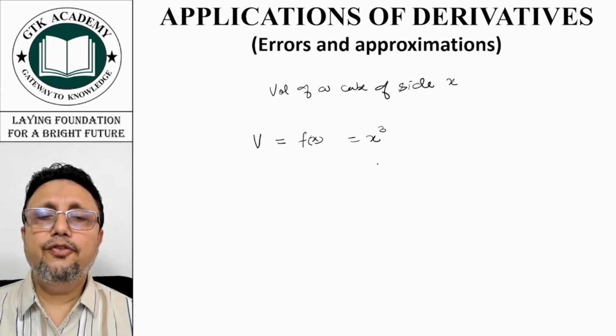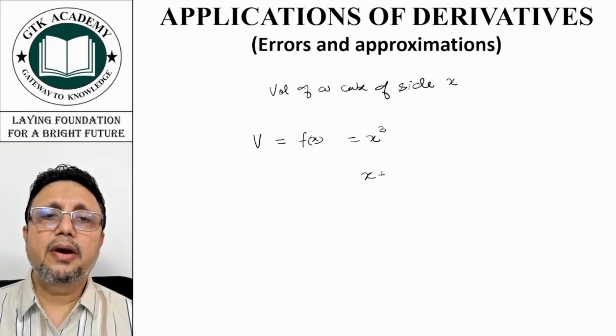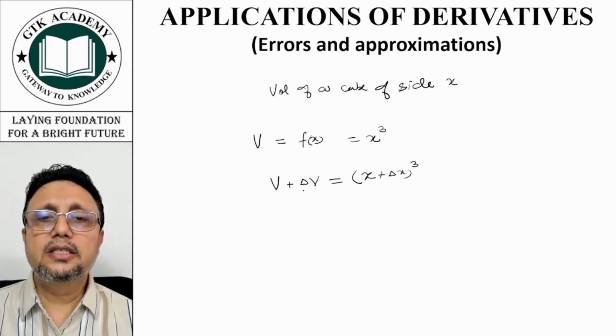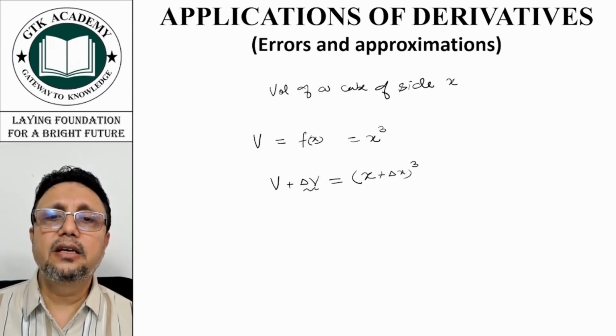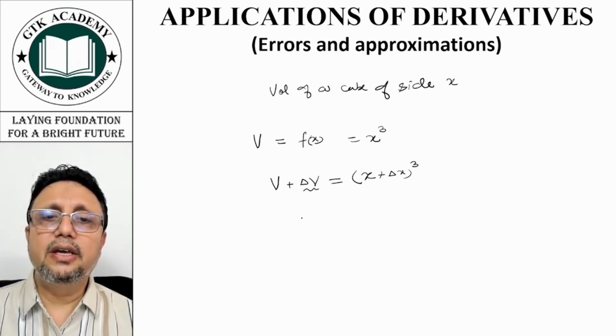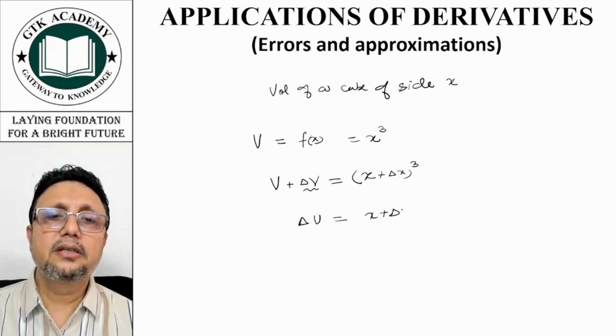Now if I make a small change in x, what will happen? This will become (x + Δx) whole cubed, and my volume is going to be increased by an element of Δy. Now this is the actual increase in volume, which is called ΔV. ΔV will be equal to (x + Δx) whole cubed minus V.